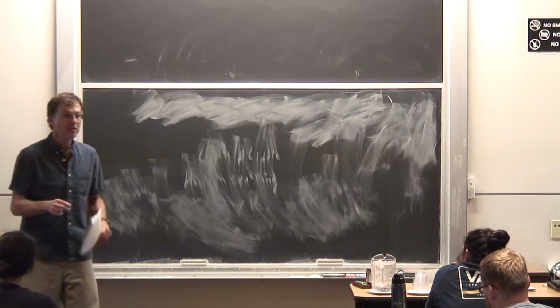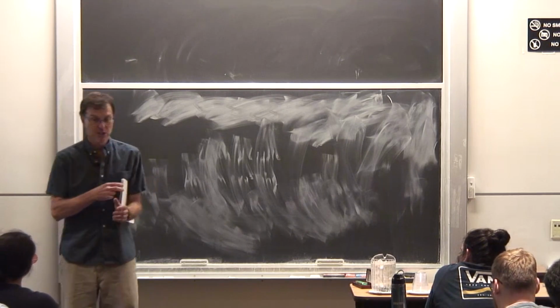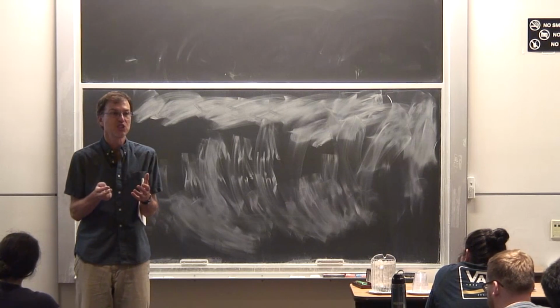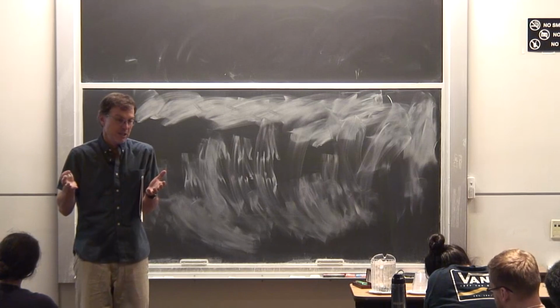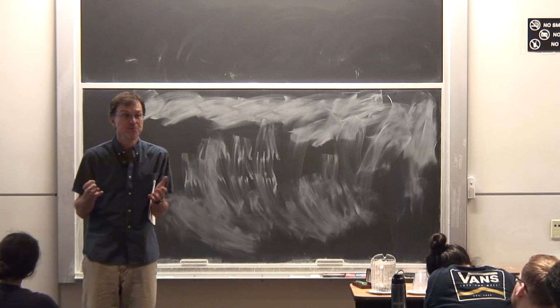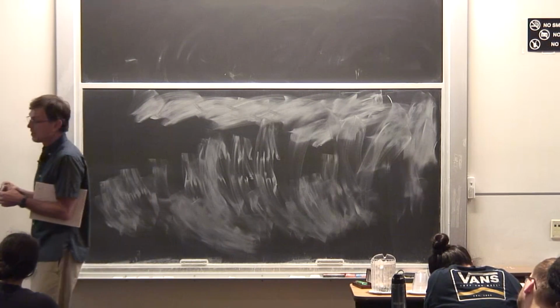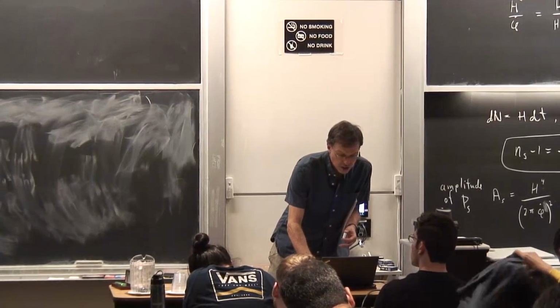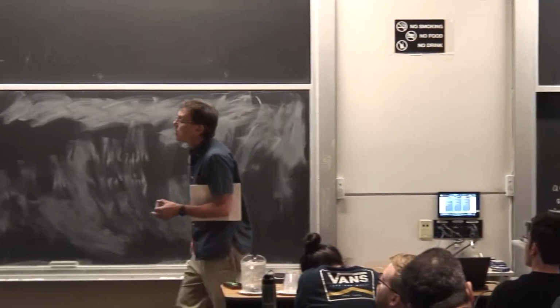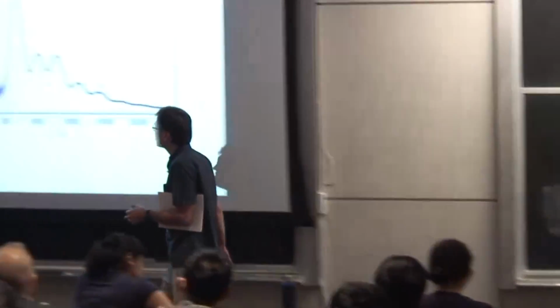However, the gravity waves also give a contribution to the Sachs-Wolfe effect, because the gravity waves correspond to a gravitational potential. So long enough wavelength gravity waves give a contribution to the temperature fluctuations.